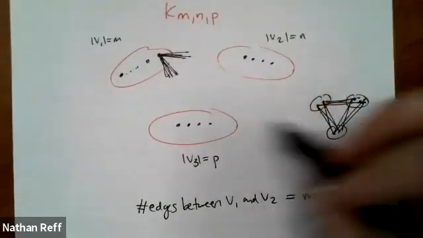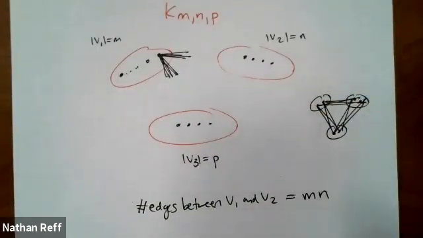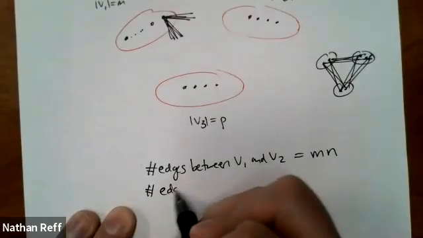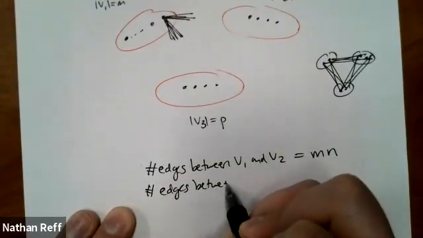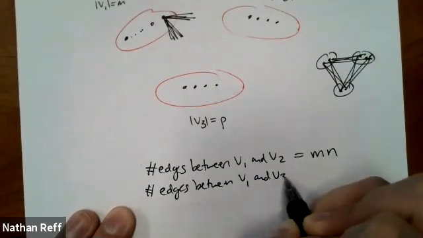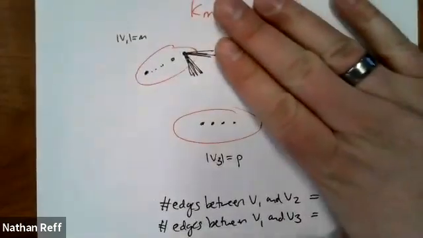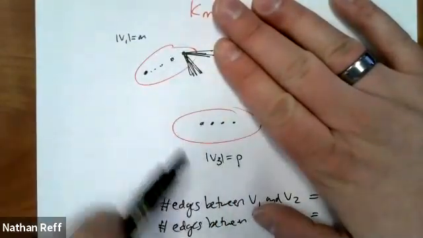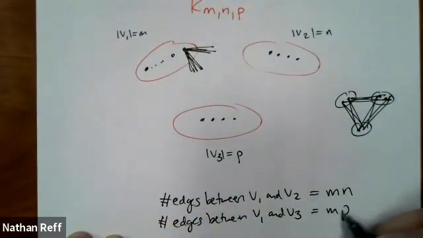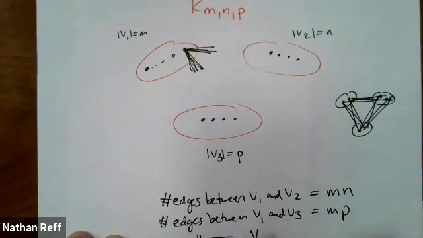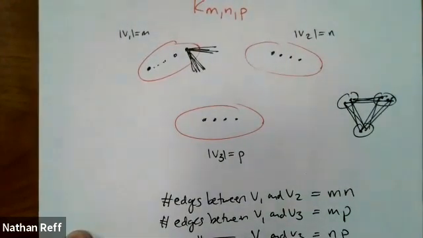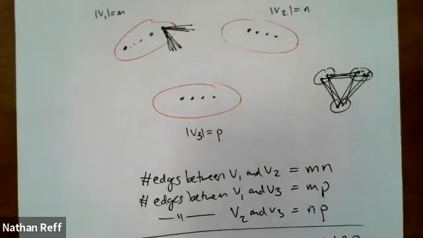So I could just use the part A calculation 3 times. The number of edges between V1 and V3 is M times P. And between V2 and V3, it'll be NP. So then the total will be the sum of these. See that?